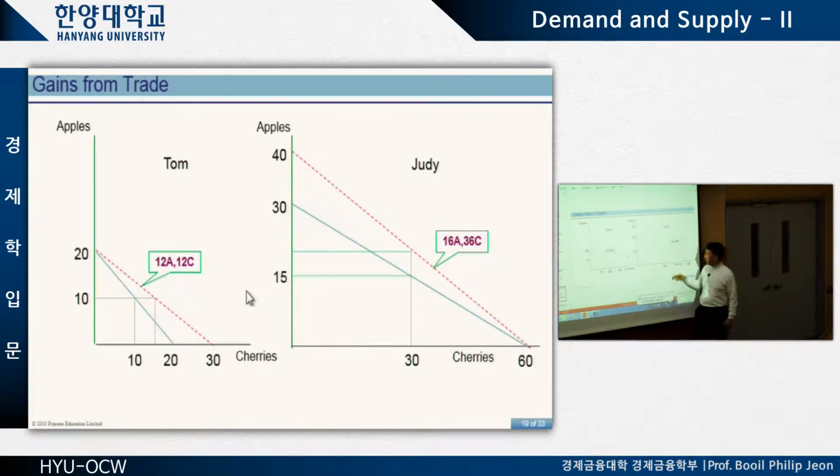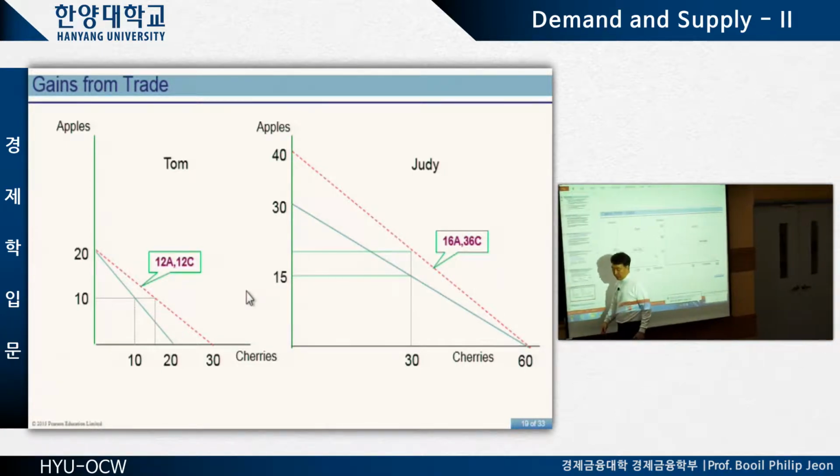So they can bring the entire area under the red dotted line into their production possibility or consumption possibility. All right, makes sense? Okay. So you can understand it that way.